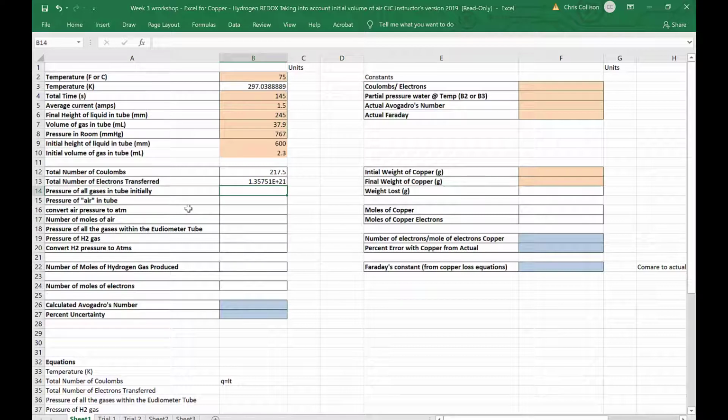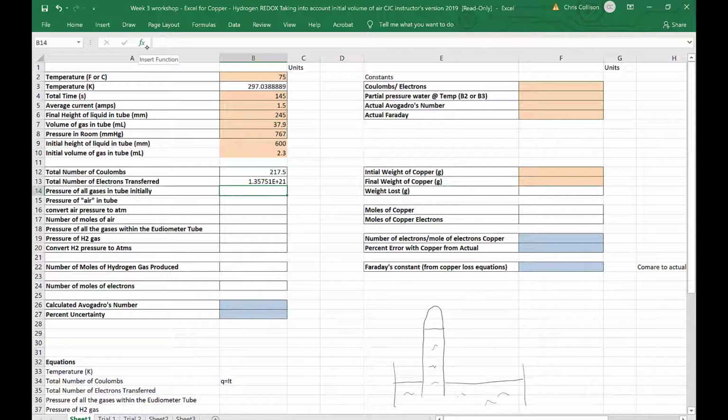So if we go back to the PowerPoint slides associated with pressures in liquids, what we find is that we need to be able to measure the pressure of the air at the top of the tube. So really what happens is we have a beaker, and here's our sulfuric acid, and we've got liquid in here.